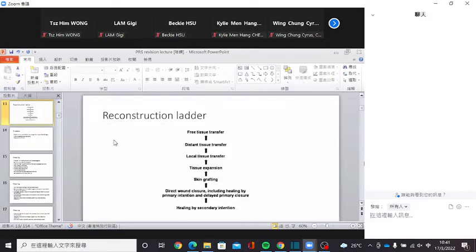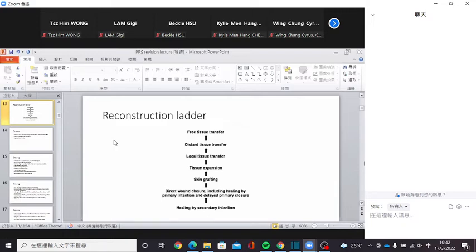Okay, then the next topic we'll talk about is the reconstruction ladder. For plastic surgery, what we're doing is to cover any kind of defect over the body. So we will follow this reconstruction ladder. First, the lowest on the ladder is healing by secondary intention, that is dressing.